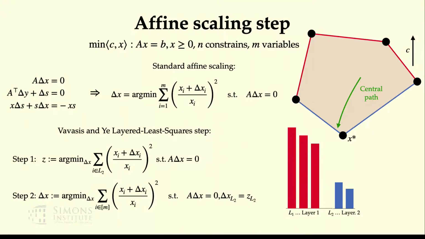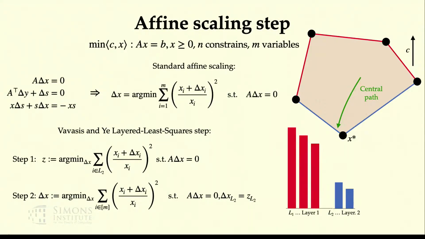Namely, what you do is you look at the layers, namely, you order your variables by their value, and now you see a gap in the slacks between the third variable here and the fourth variable here. And now what you do is the following. This is what Vavasis and Ye did in 1996. First, you solve this L2 regression problem by only caring about the variables with small x value.